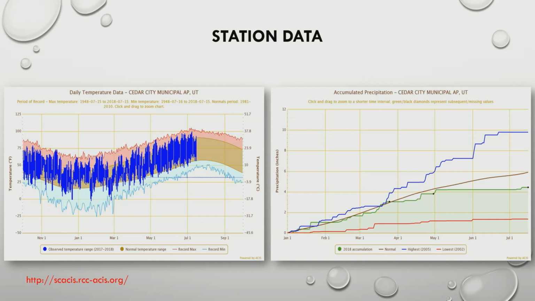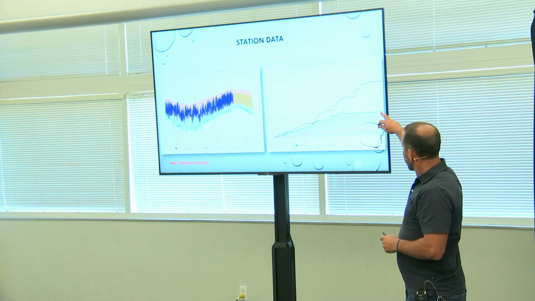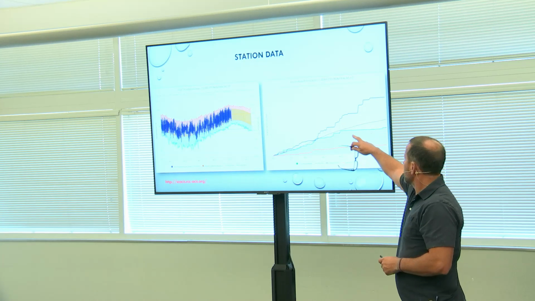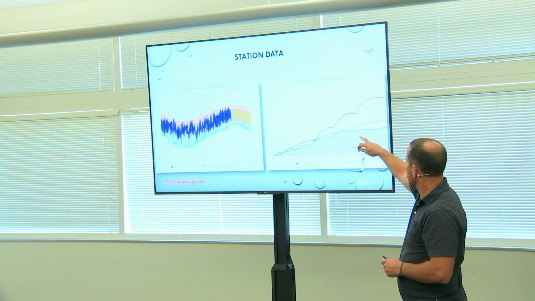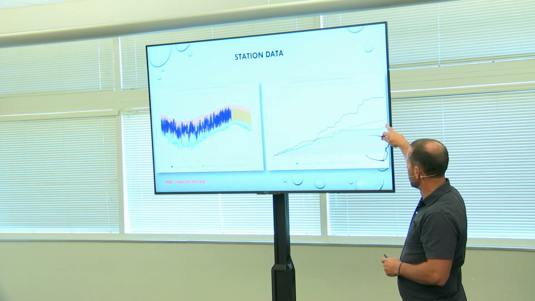On the right side is looking at precipitation, and there are some different options in creating these maps, but if you look at this, you'll see the 2008 precip since the beginning of the calendar year is in green. And if you look at the normals, that's the brown line. That's the average over the long term, the period of record of the station.